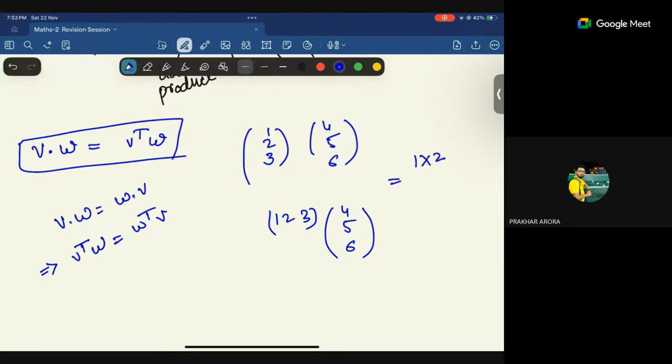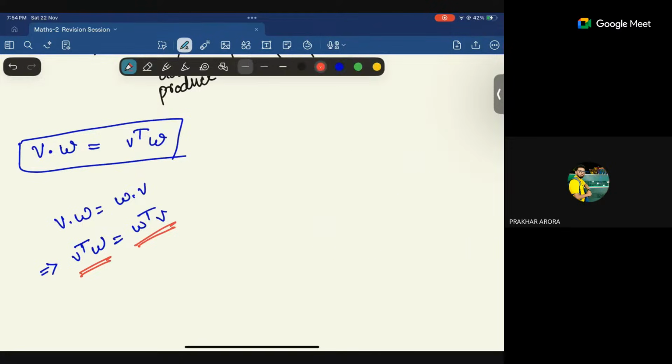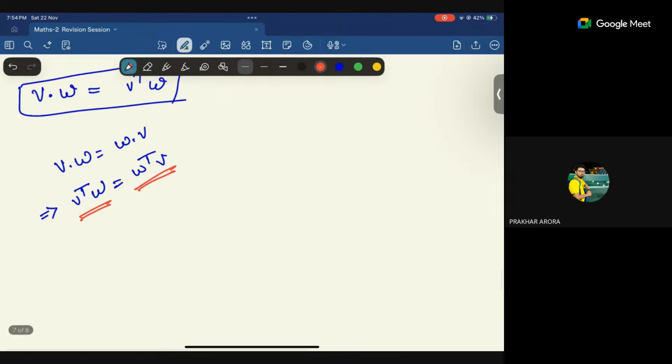I did 1 into 4 plus 2 into 5 plus 3 into 6. That is just multiplying and adding, so whether you write v transpose w or w transpose v, it is the same thing. This is very important.